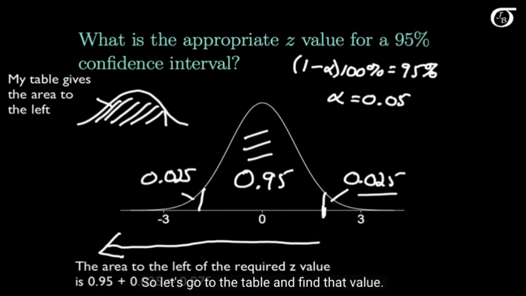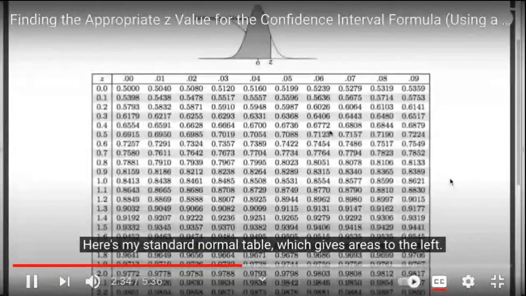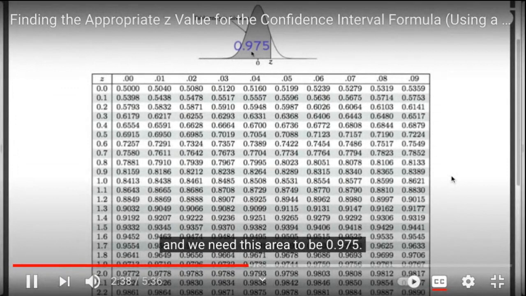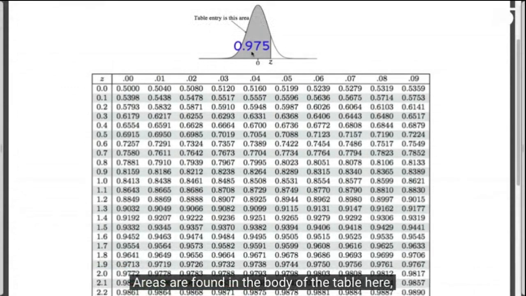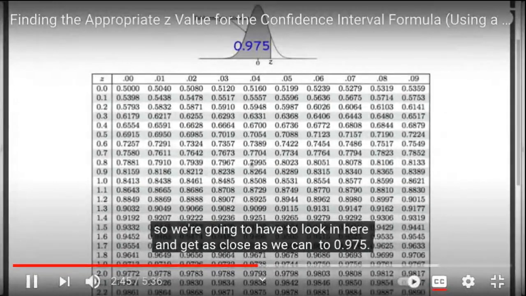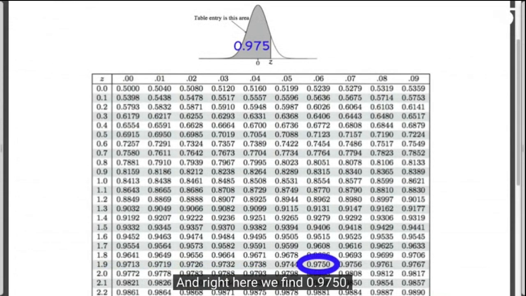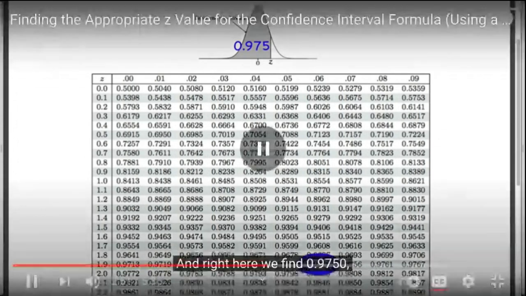So let's go to the table and find that value. Here's my standard normal table, which gives areas to the left. And we need this area to be 0.975. Areas are found in the body of the table here, so we're going to have to look in here and get as close as we can to 0.975. And right here, we find 0.9750.